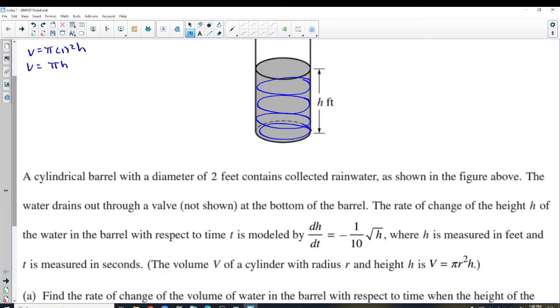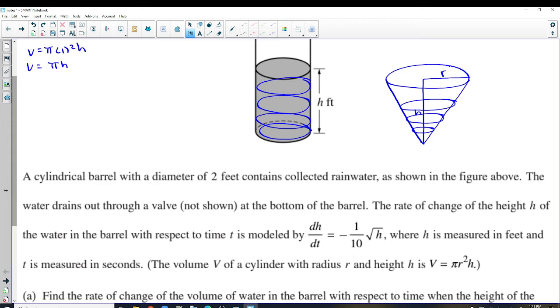because r never changes. Now, one of the problems on the worksheet has a cone. And so you have the height and you have the radius. As the cone empties, the height is going to change and the radius is going to change.